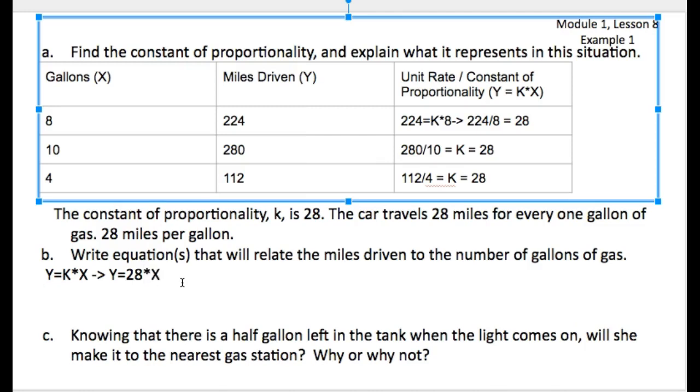And we could also say m equals 28g, where in this case, m is equivalent to miles and g is equivalent to gallons.